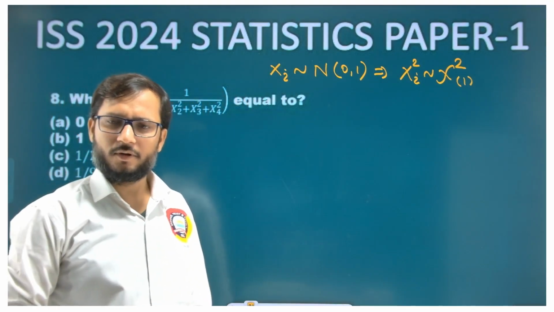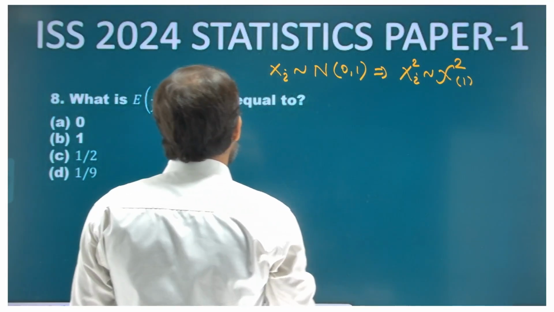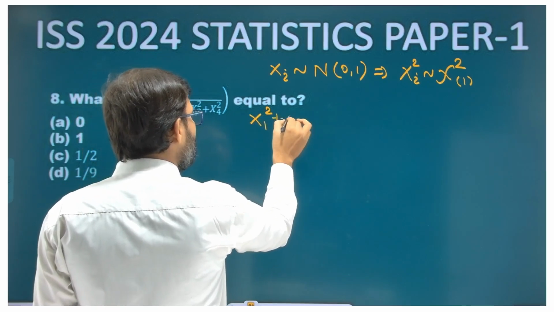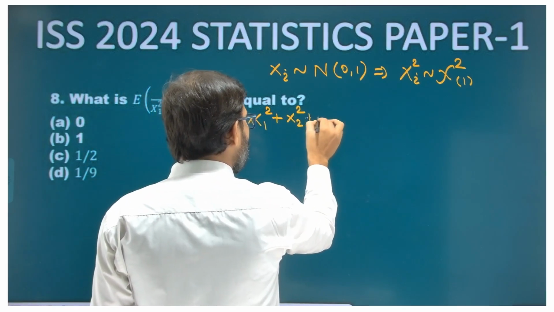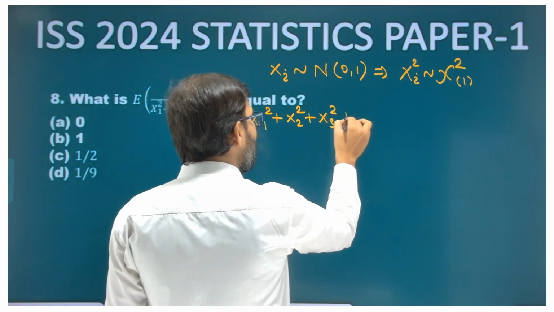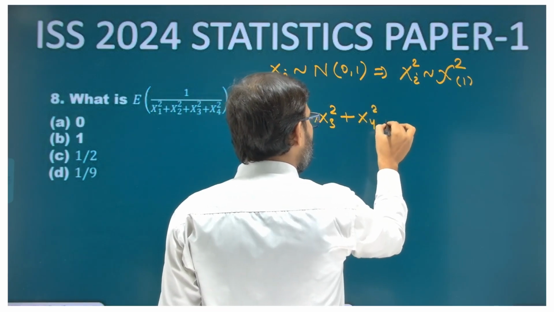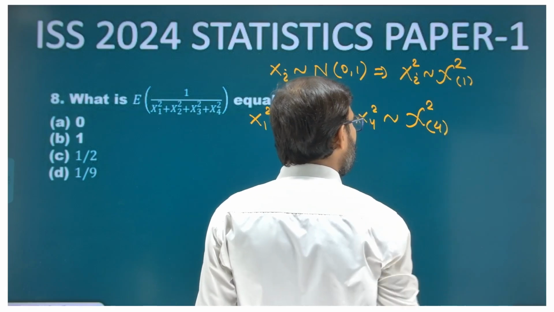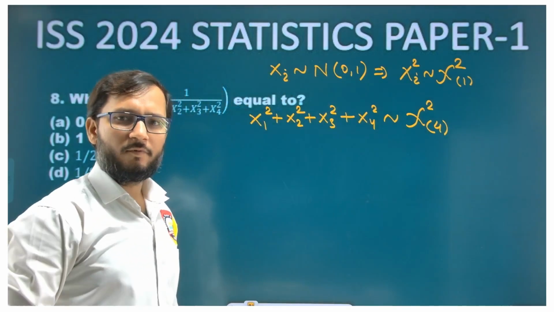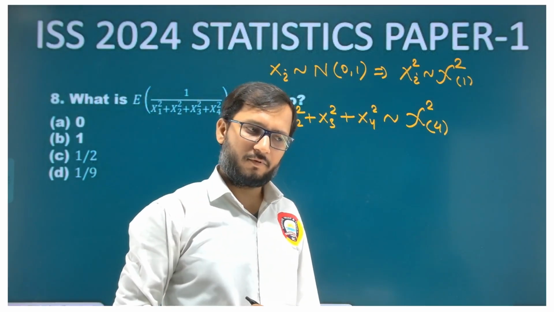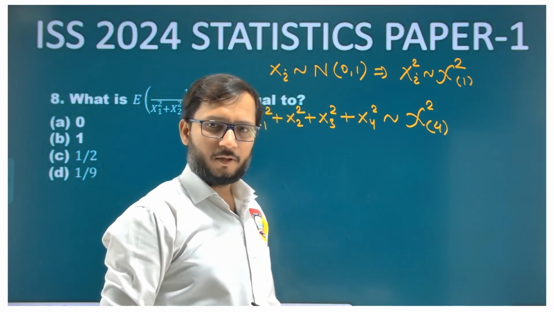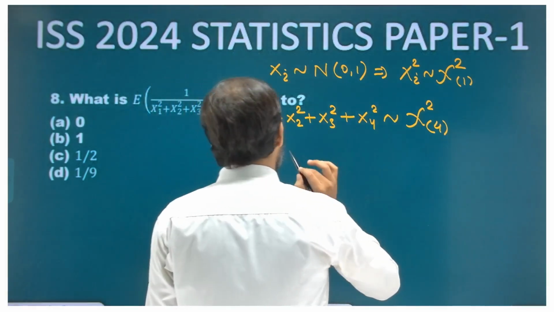And so if I write x1 squared plus x2 squared plus x3 squared plus x4 squared, then this will follow chi squared with 4 degrees of freedom, because you know that the sum of chi squared is chi squared with degrees of freedom being the sum. Got the point? So it is chi squared 4.